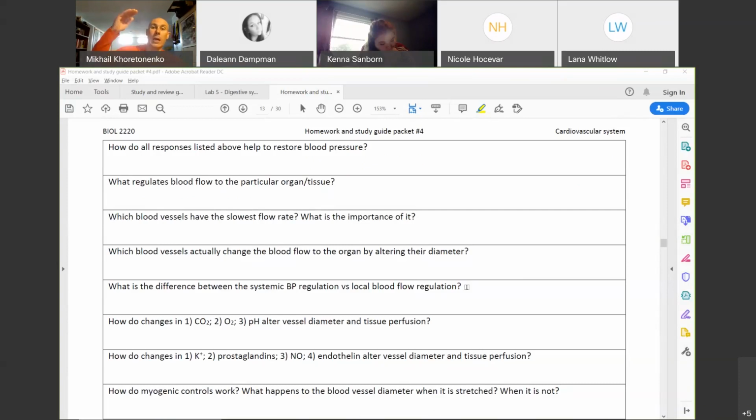So if blood pressure goes up, the local blood flow will adjust to maintain the normal regular flow to the tissue. But systemic blood pressure, in case of it being too high or too low, becomes a priority over local blood flow.